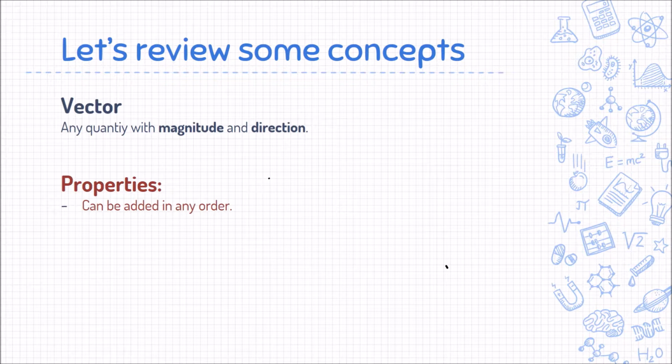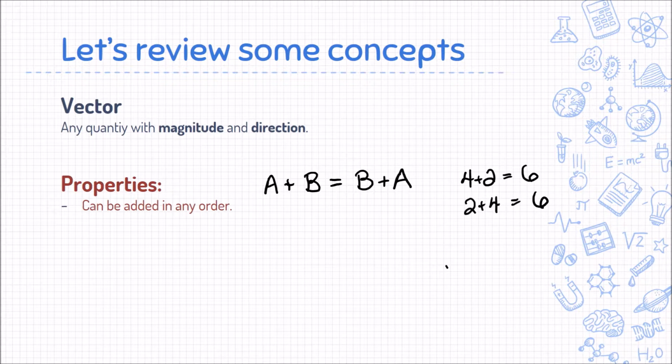That means if we have vector A and vector B, we can also add them B plus A. We kind of know this in math and algebra, because 4 plus 2 equals 6, and 2 plus 4 still equals 6. So the order of adding for vectors doesn't affect our result.